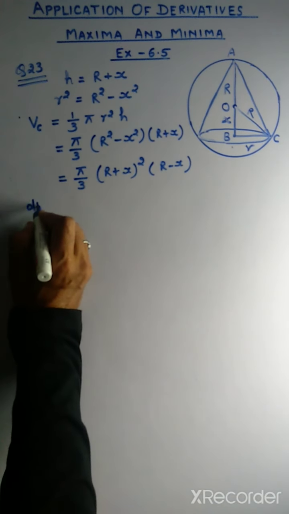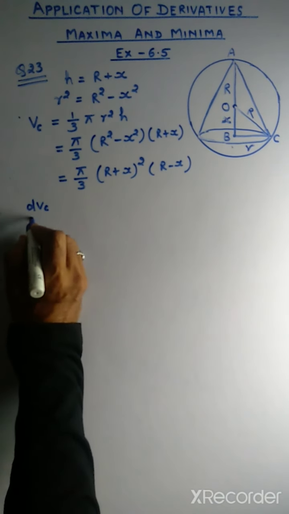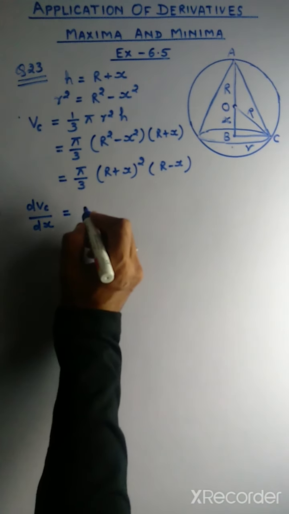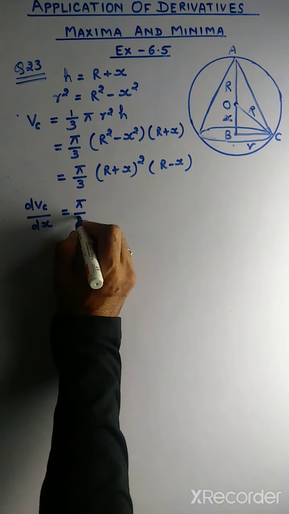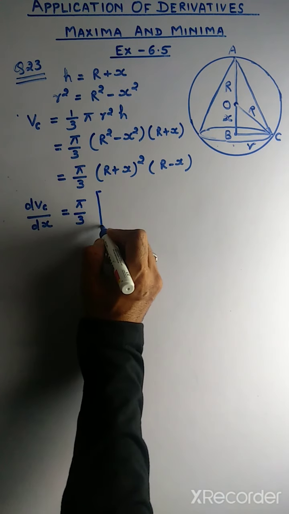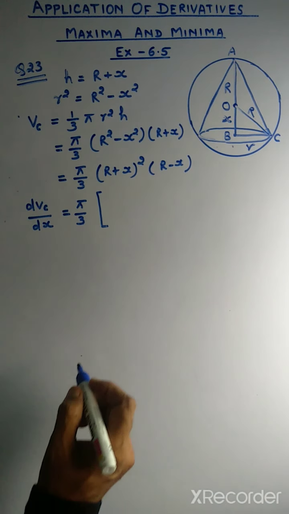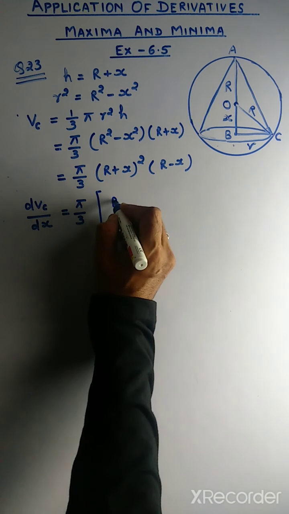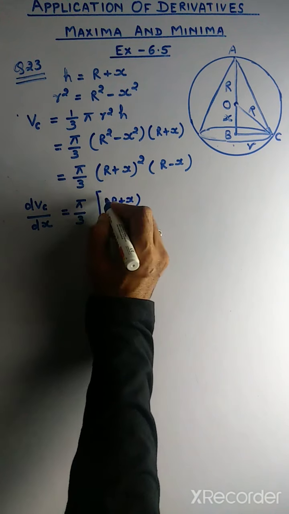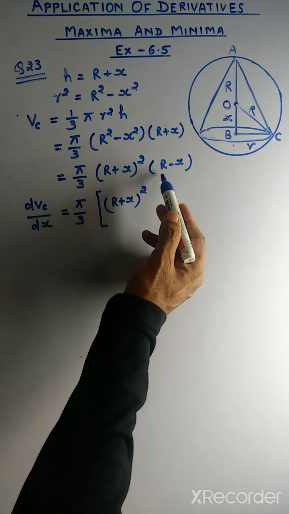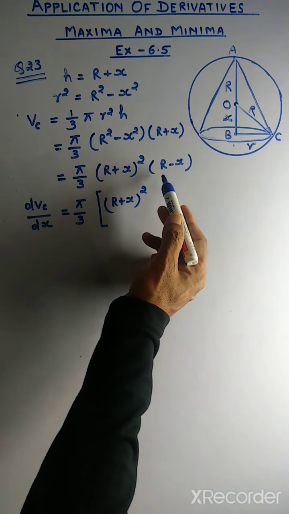Now differentiating with respect to x, pi by 3 as it is, using the product rule. So the first function, that is R plus x whole square, times the differentiation of the second, because capital R is constant, it is given.